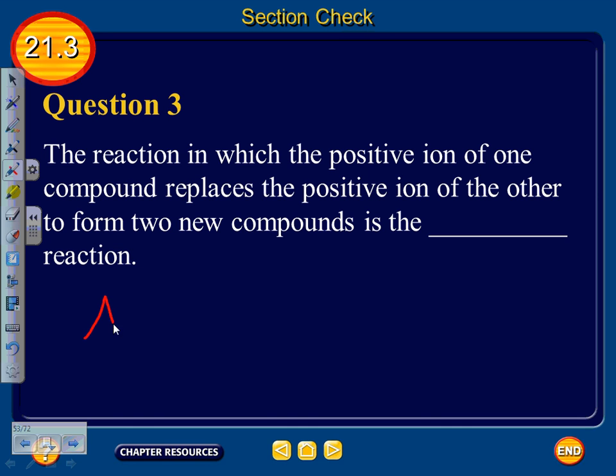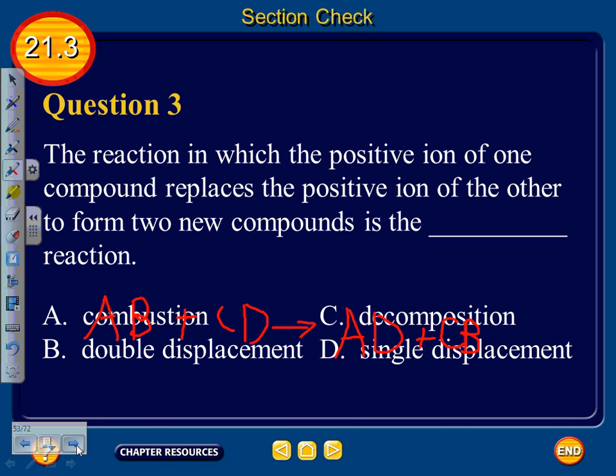This would look like AB plus CD produces AD plus CB, a double displacement reaction. And that would be letter B.